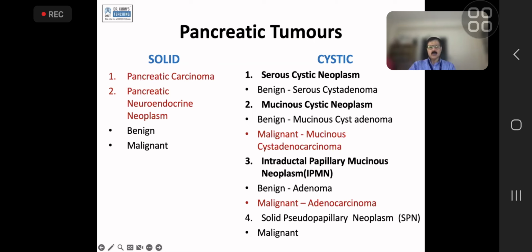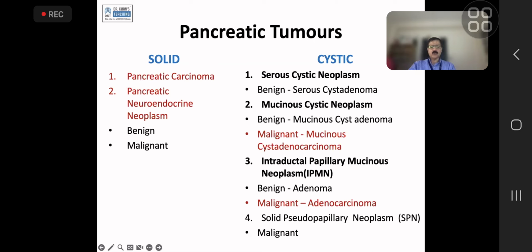Now, cystic neoplasms: the key ones are serous cystic neoplasm and mucinous cystic neoplasm. Then there is intraductal papillary mucinous neoplasm. And in the young age group, there is a rare tumor, solid pseudopapillary neoplasm, in very young patients, less than 30 years of age.